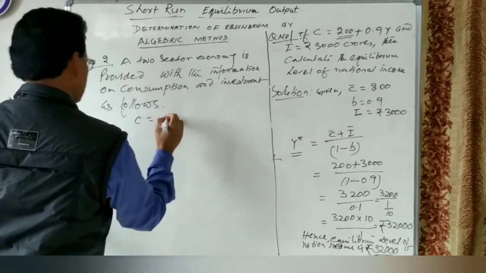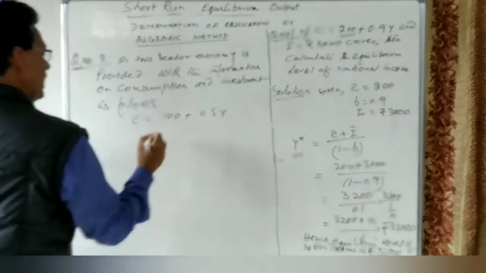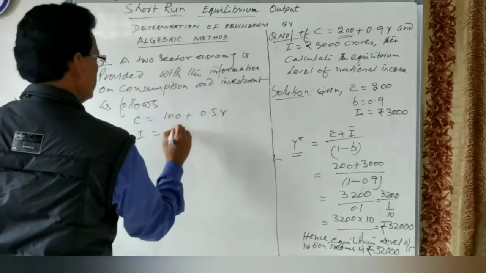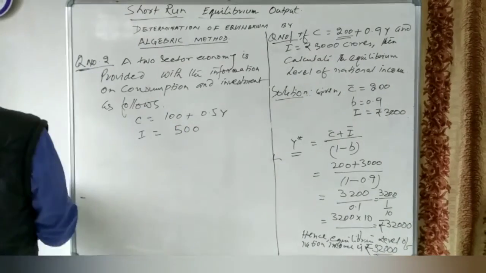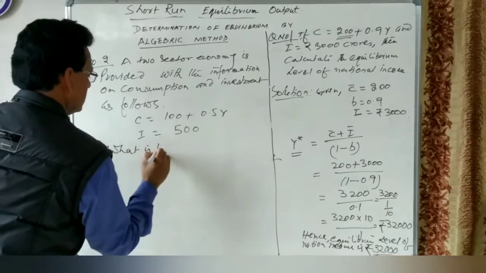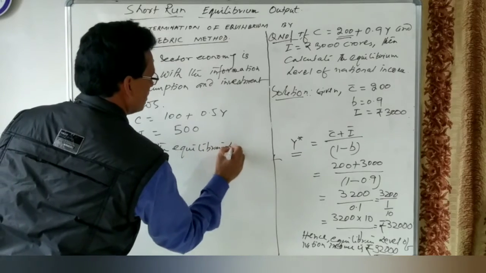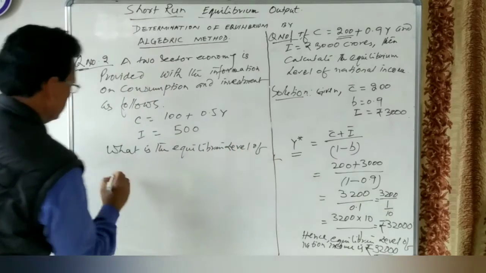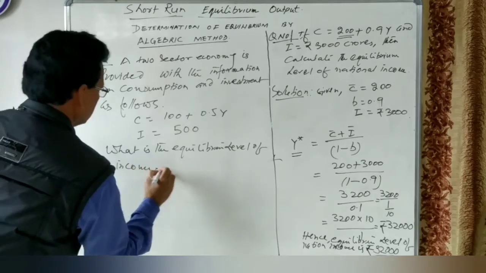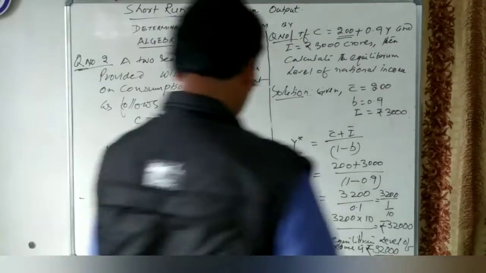C is given as 100 plus 0.5 Y, and investment is given as 500. What is the equilibrium level of income? We have to calculate the equilibrium level of income.